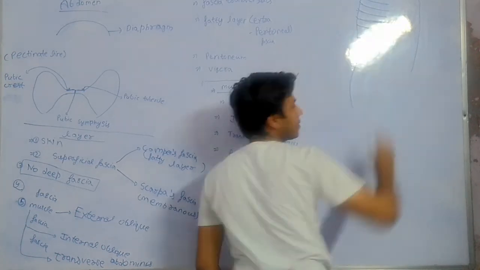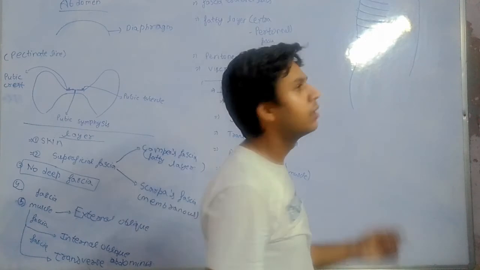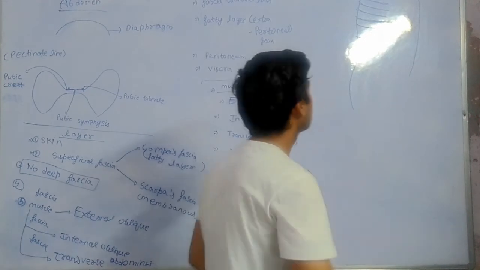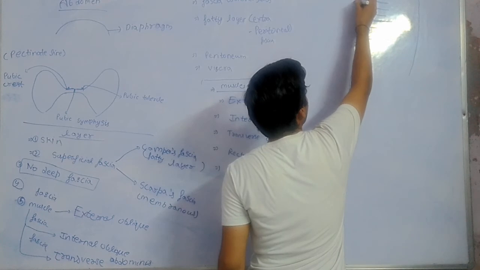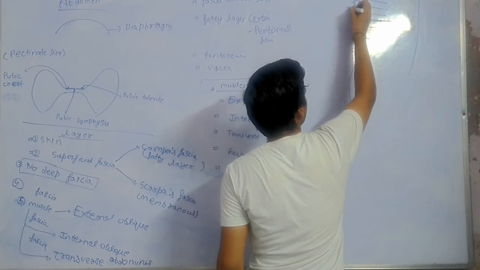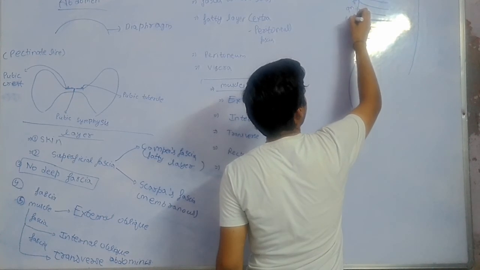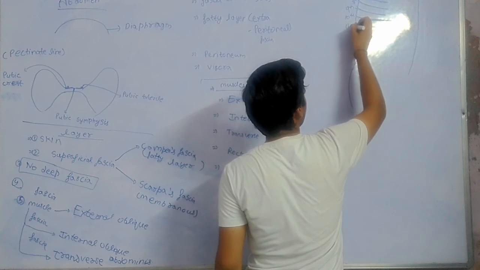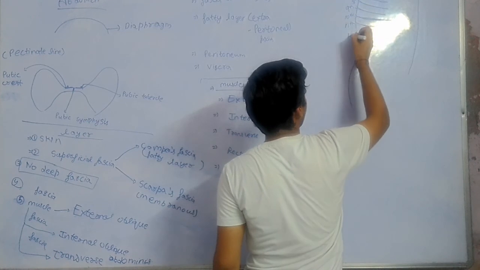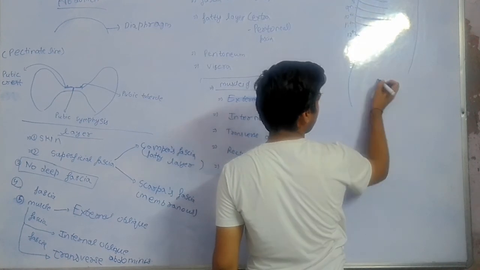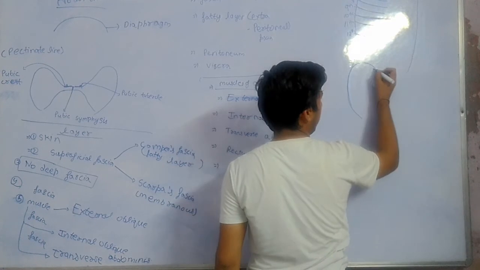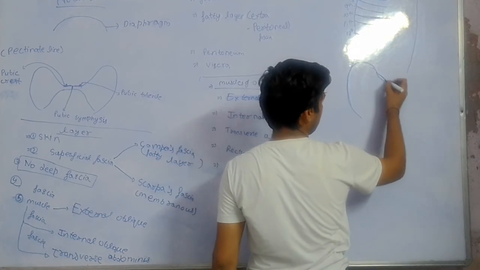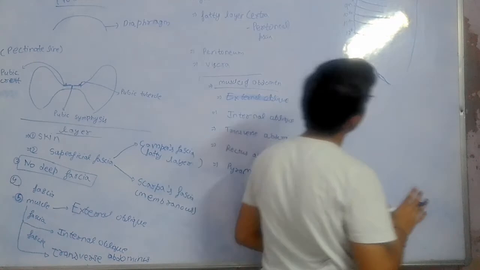Lower 6 ribs means 12, 11, 10, 9, 8, 7. Here we know ilium bone is present.